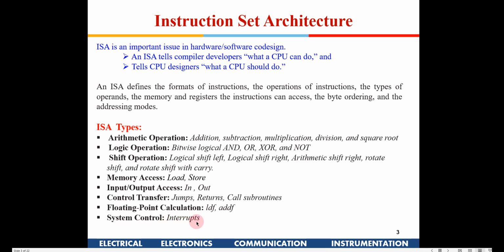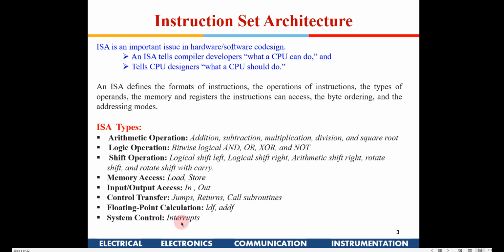What interrupts are: whenever a microprocessor is running, there could be any number of peripherals connected to it. Whenever they want to communicate, they will send an interrupt signal. The microprocessor will know this IO device wants to communicate with it, so wherever the program is running, it will make a temporary halt to that program.